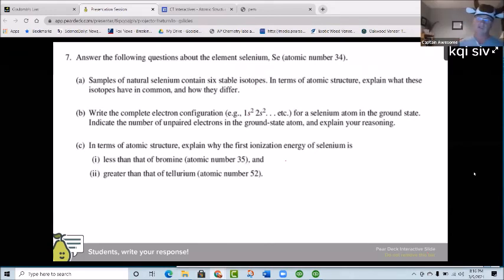The ones closer to the nucleus or the ones farther away from the nucleus? And that first ionization energy is always going to be the valence electrons. So since tellurium's valence electrons are in the 5th energy level, that makes it less pull on the electrons, which means it's going to take less energy to remove them. So that's why tellurium has a lower first ionization energy than selenium.